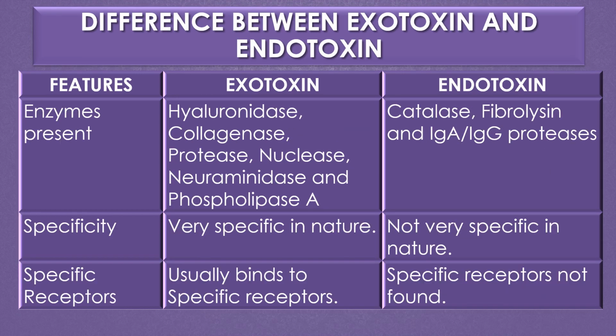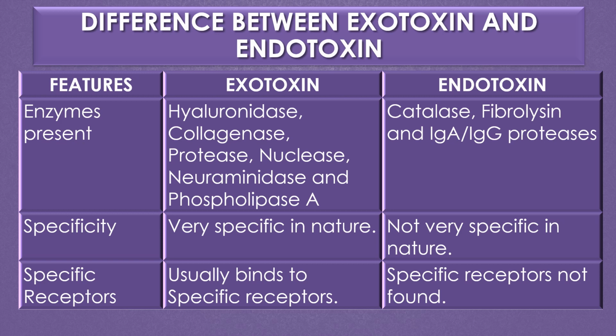Enzymes like hyaluronidase, collagenase, certain protease, nuclease, neuraminidase and phospholipase A are present in the exotoxin. In endotoxin, enzymes like catalase, fibrinolysin, IgA protease and IgG protease are present. Exotoxins are very specific in nature, but endotoxins are not very specific in nature.